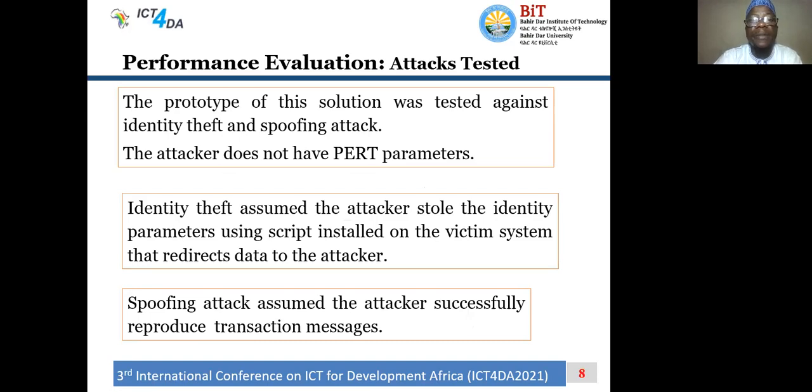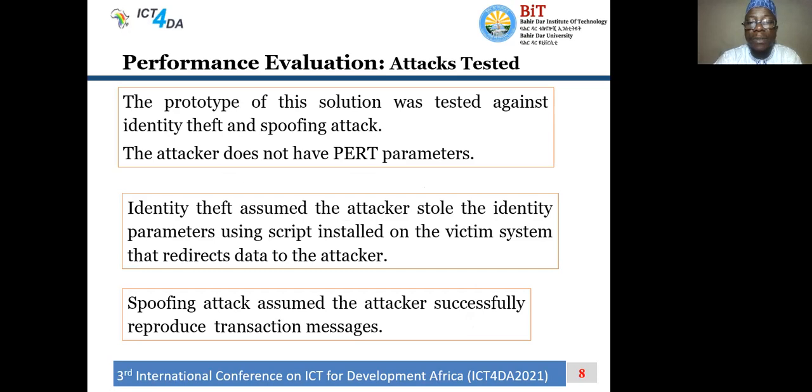The prototype of this solution was tested against identity theft and spoofing attack. We assume that the attacker does not have access to the path parameters, which are the no-party verification tokens that they are using to verify each other.